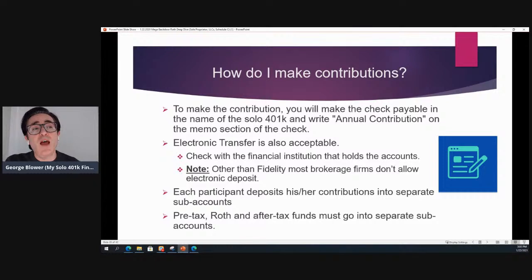Really, there's no limit on how much you can convert from a pre-tax account to a Roth account. And so that would be taxable in the year of the conversion.